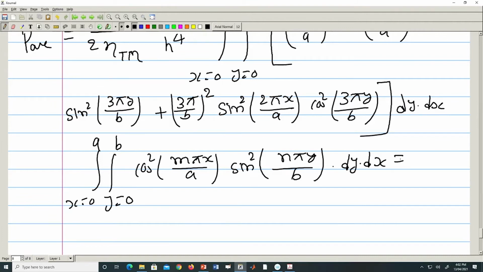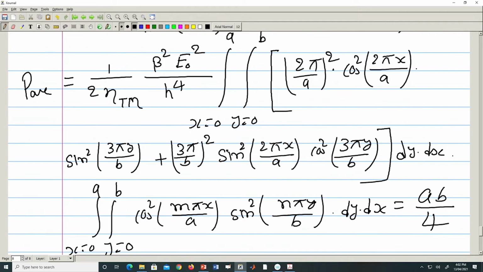This can be written as 1 plus cos 2 m pi x by a divided by 2, into 1 minus cos 2 n pi y by b divided by 2. So 1 by 2 and 1 by 2; this will give a by 2 and b by 2, and the total integration value will be ab by 4.